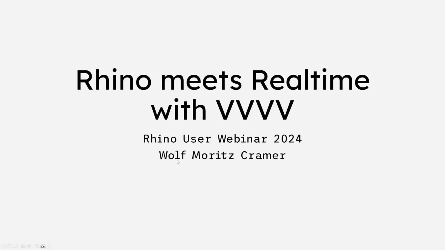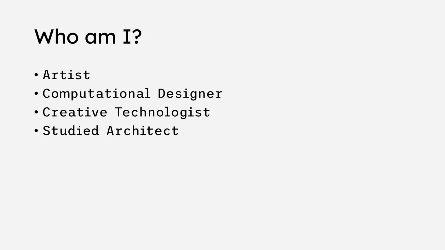Okay, as Pedro already mentioned, we are talking about the connection between Rhino and V4, or VVVV, today. And he also already said that I'm an artist, computational designer, creative technologist, but with a background in architecture.